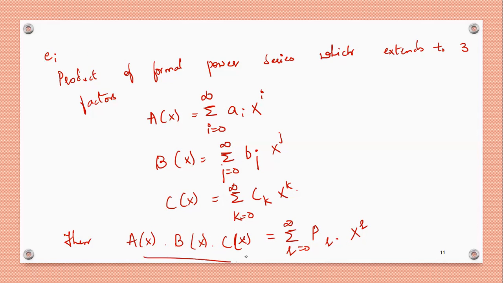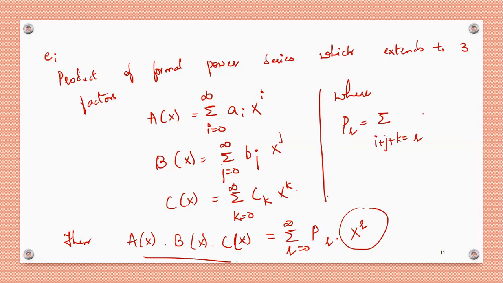Now if we want to find some x power r, some constraint, then we need to find this coefficient pr. What will be this pr? Where pr is equal to the sum over i plus j plus k equal to r of ai bj ck.